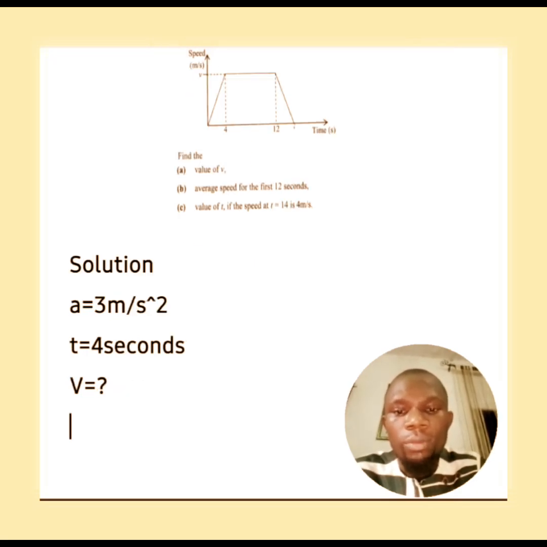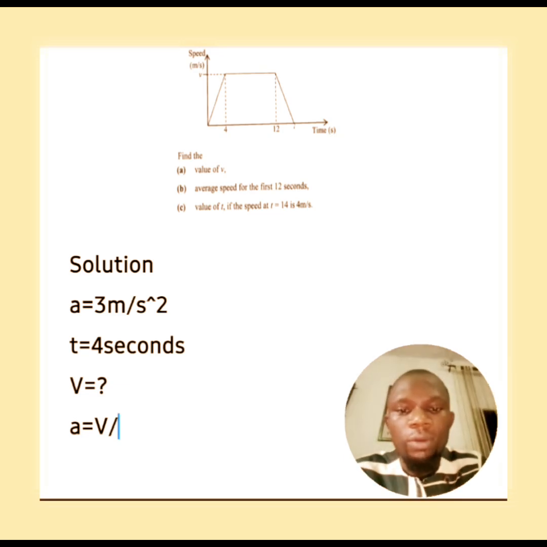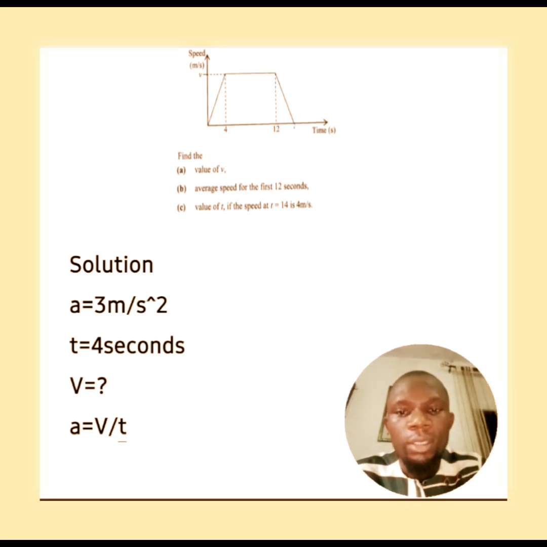You remember that acceleration is equal to velocity over time. With that I can get the velocity, which is the value of v that we're asked to find from the diagram. I need to make v the subject of the formula, so I cross multiply.